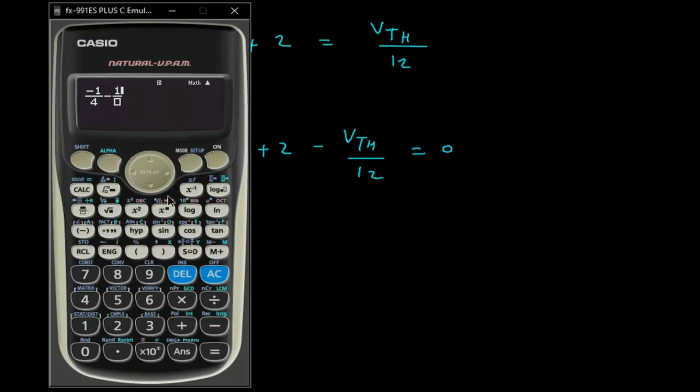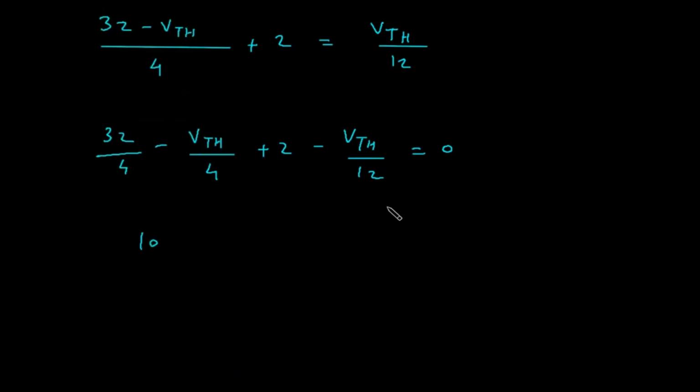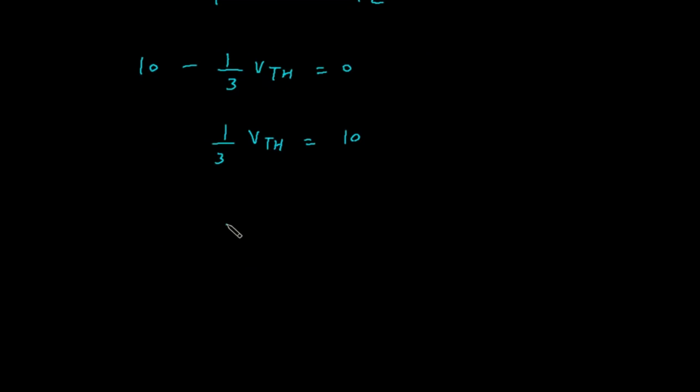So minus 1 by 3 VTH is equal to 0. So 1 by 3 VTH is equal to 10. So therefore VTH is equal to 30 volt.